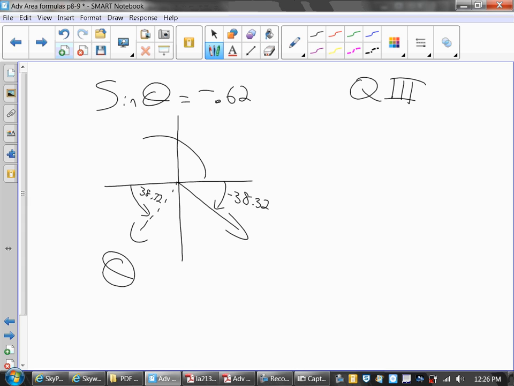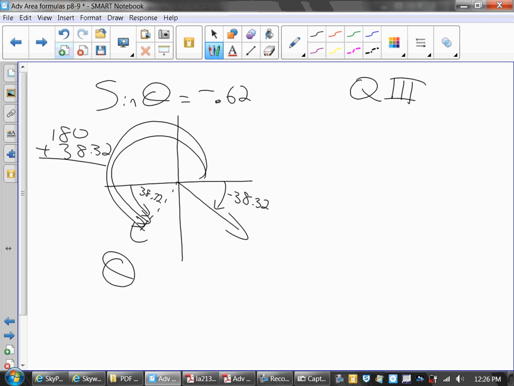So how do I figure out what this full theta is? How far is this off of 180? You add 180. So it's 180 plus the 38.32. That gives me theta. Okay? That's how you come around.